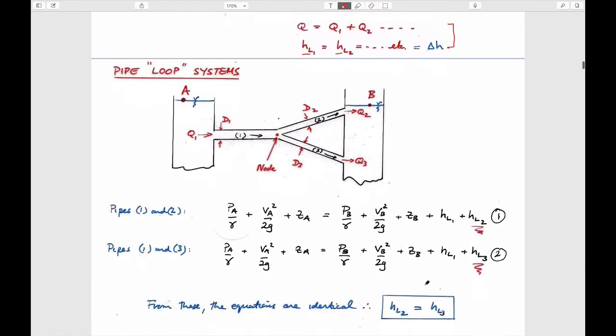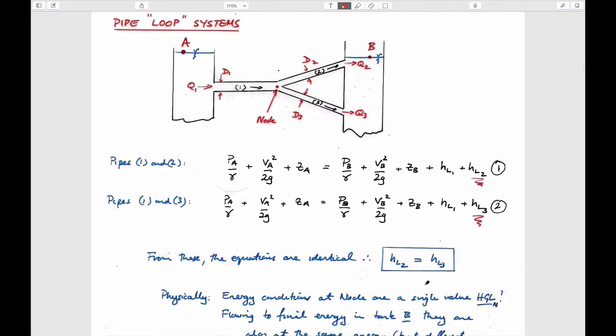If you're dealing with loop systems, then it gets a little bit more complicated unless there's a simplifying factor. And that is that you can imagine two circuits that go through here. One circuit that goes through this upper path from points 1 to 2, and another circuit which goes through this lower path from points A to B, I guess, not 1 to 2. And so if you write the first route, which is this one, through the two pipes, this is the velocity in pipe A, this is the velocity in pipe B, here and here.